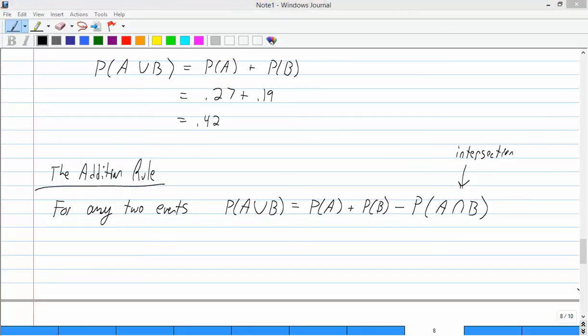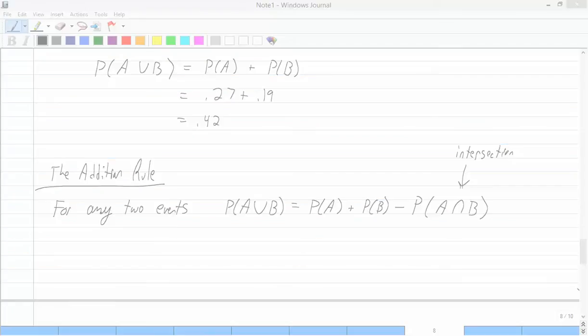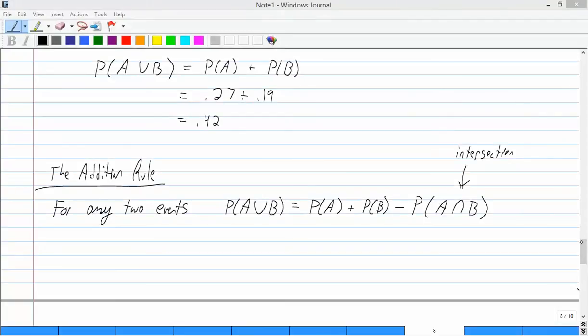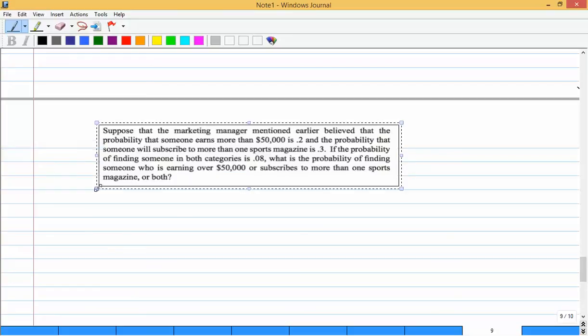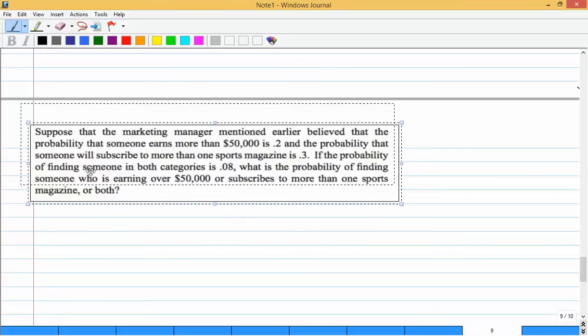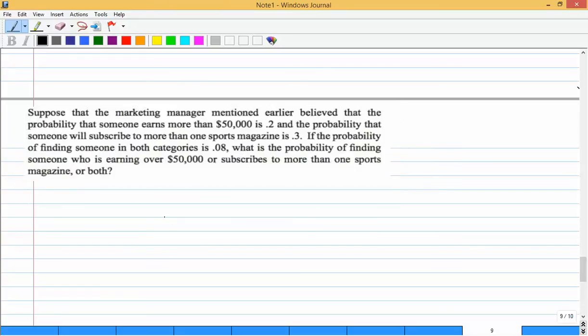Your book refers back to the problem that we worked out with salary. It says, suppose the marketing manager mentioned earlier believed that the probability that someone earns more than $50,000 is 0.2, and the probability that someone will subscribe to more than one sports magazine is 0.3.